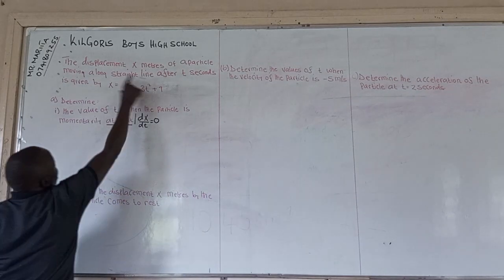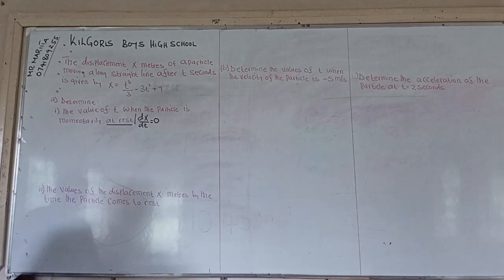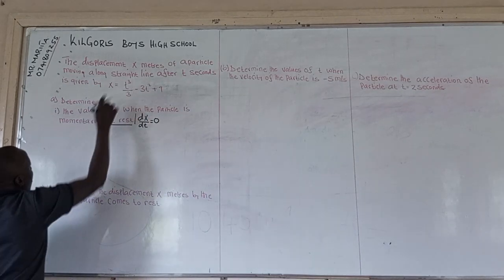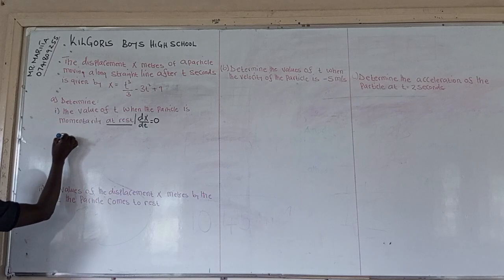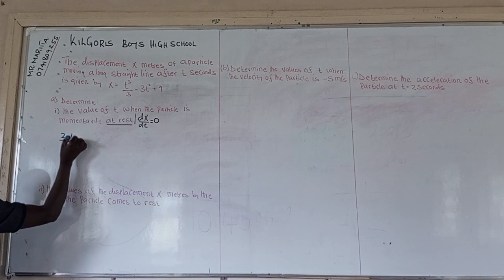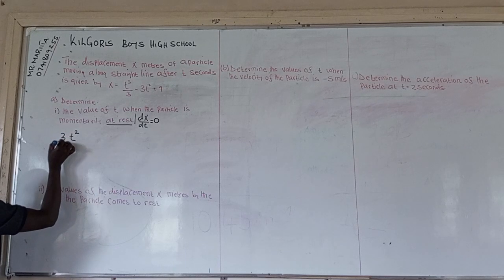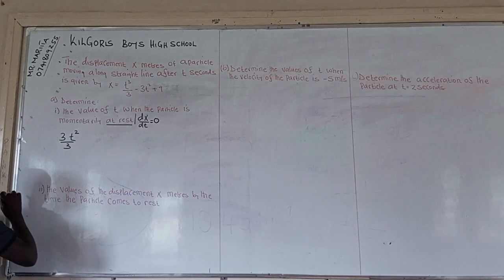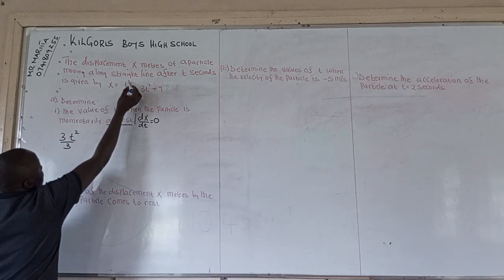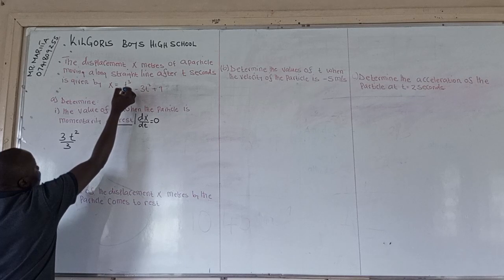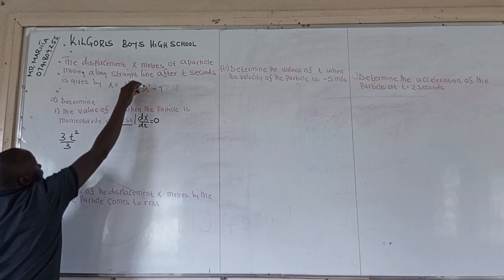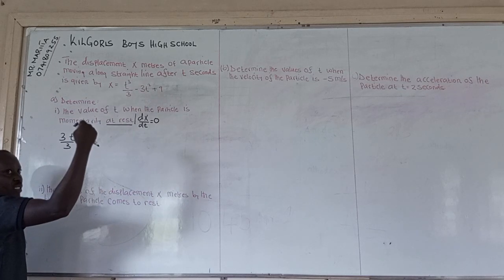So how can you differentiate this? The gradient function in that case will be 3t² divided by 3. You take 3 times the coefficient of t³, which is 1, then reduce the power by 1.